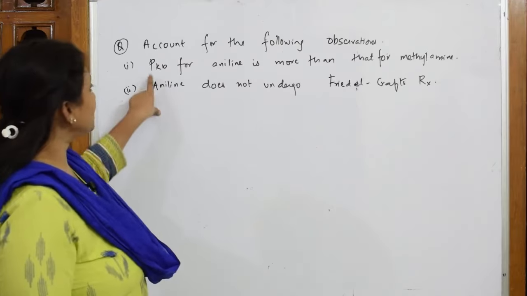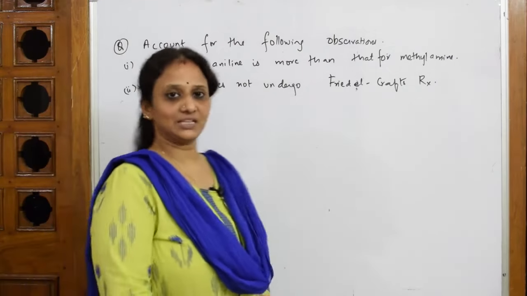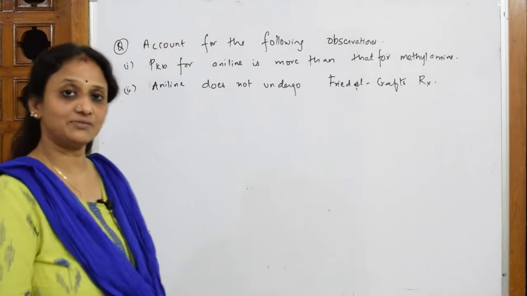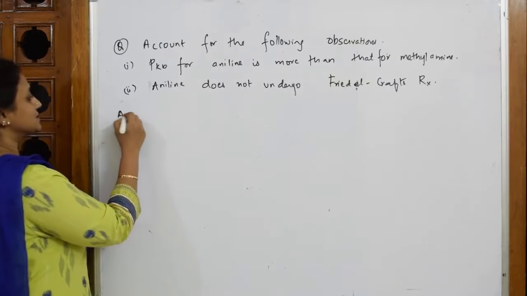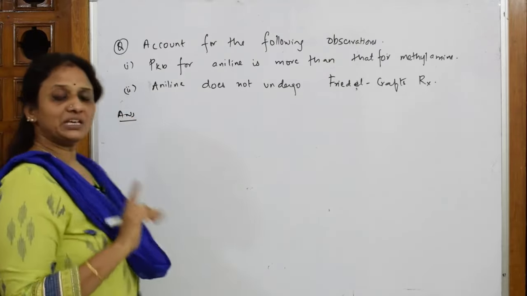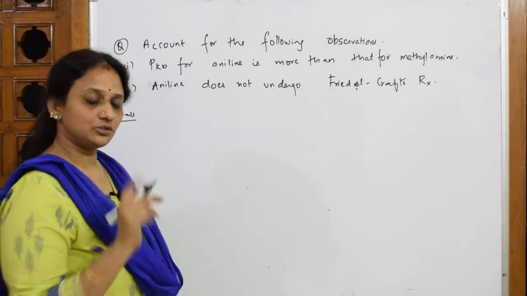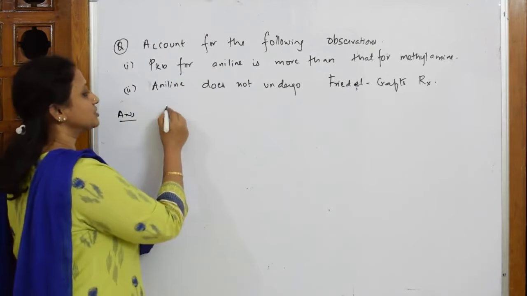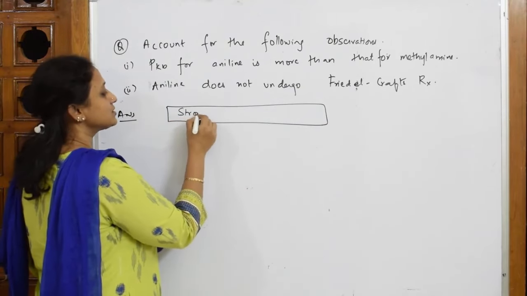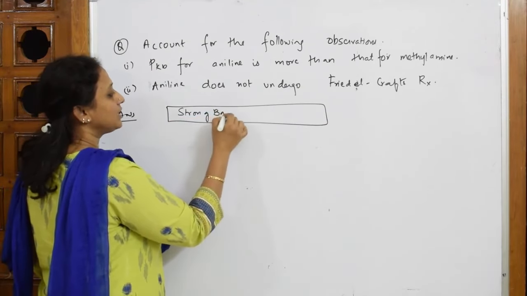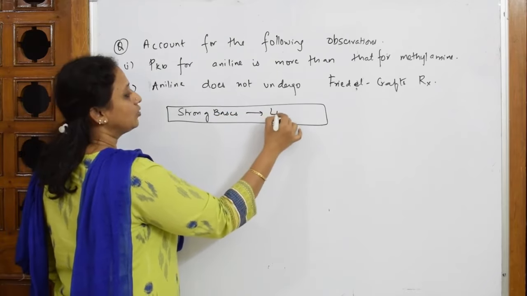Now they've asked us: pKb for aniline is more than that of methylamine. Okay, this question was already done, but if they're asking you for 1 mark, how should you write? Right, let us write this answer. Whenever the pKb concept is given to you, one important clue should strike your mind: strong bases will have low pKb.